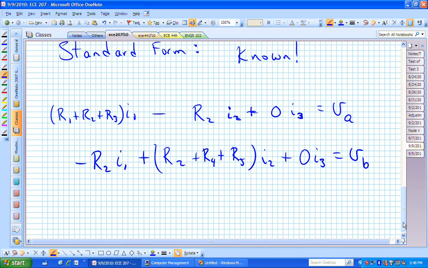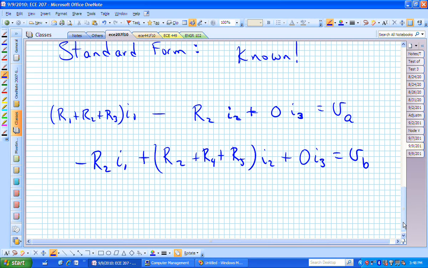So the nodal analysis standard form is structurally going to be the same. Coefficients, unknown, equals something forcing it. But those are currents. For KVL or for mesh analysis, you're writing KVL equations. Now you're going to be writing voltages.